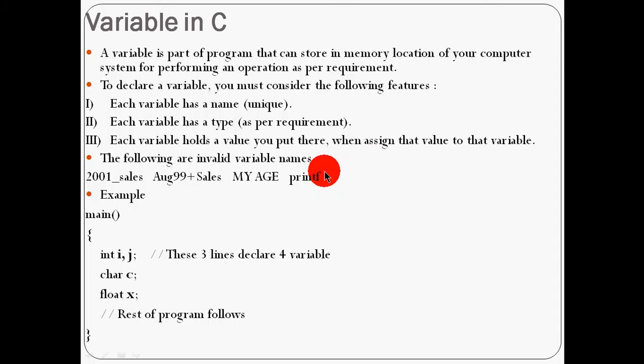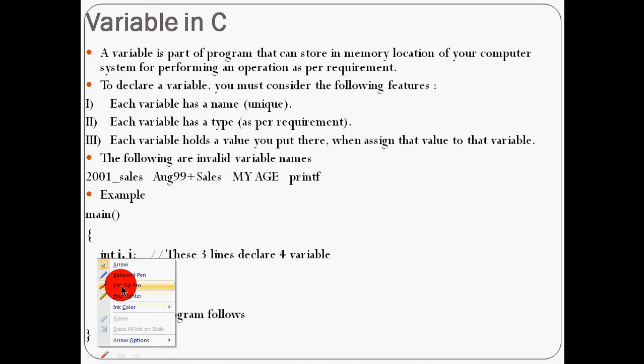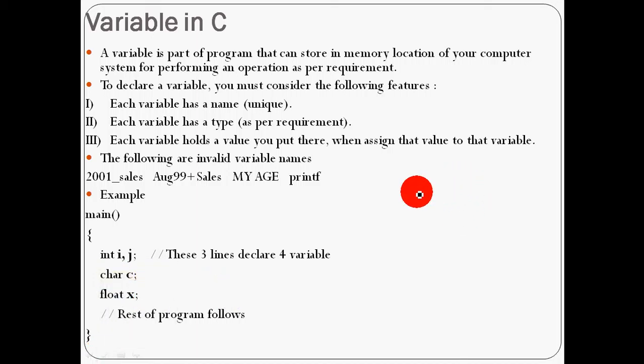It means that if I assign value 10 to my variable a, then this 10 is the value of my variable a. Then here b equal to 20. It means that 20 is a value assigned to my variable.